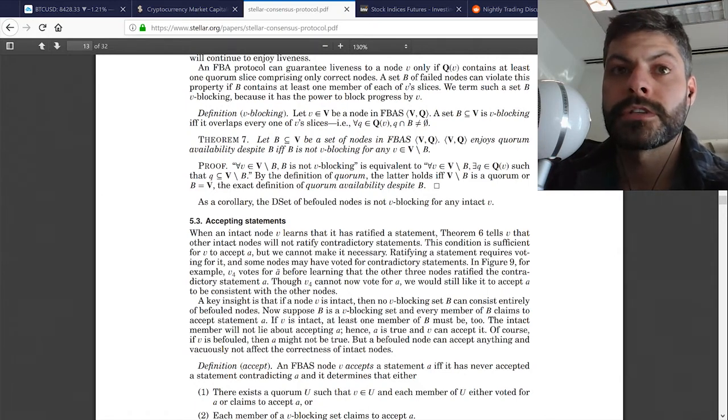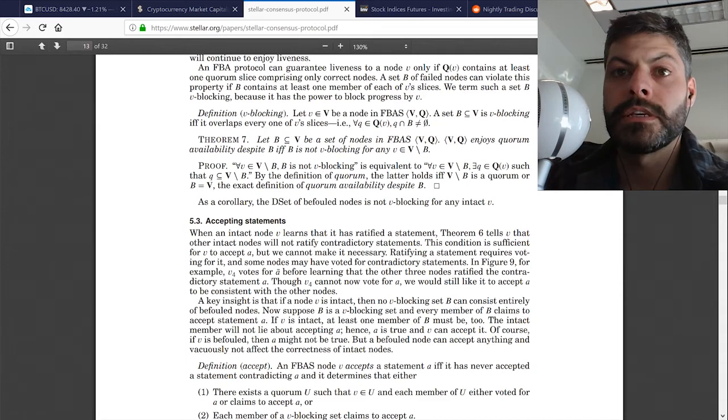In Figure 9, for example, v4 votes for A' before learning that the other three nodes ratified the contradictory statement A. Though v4 can now vote for A, we would still like to accept A to be consistent with the other nodes. A key insight is that if a node v is intact, then no v-blocking set B can consist entirely of befouled nodes.